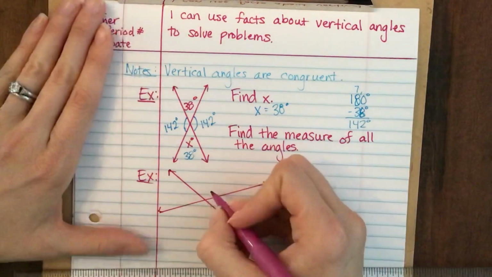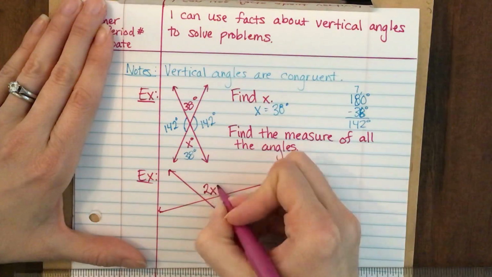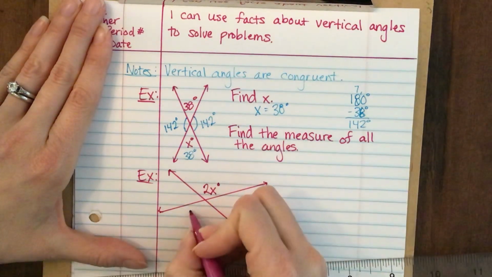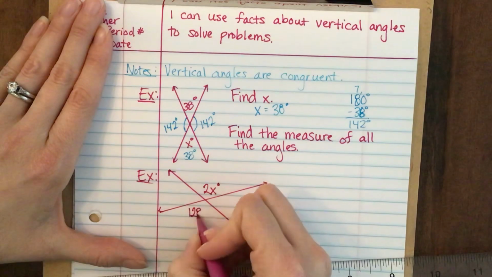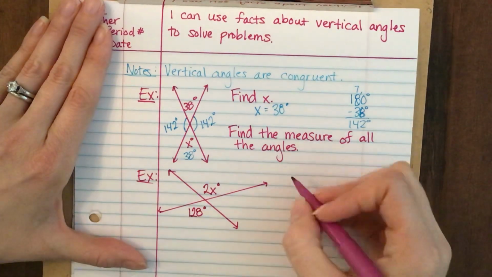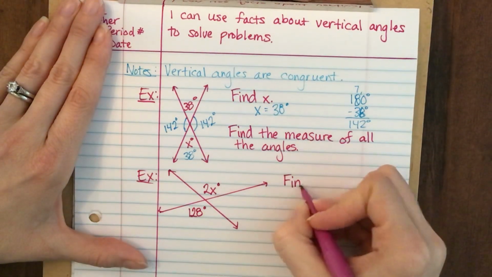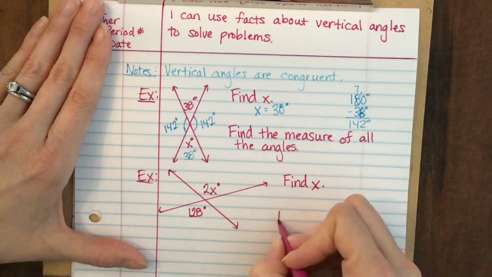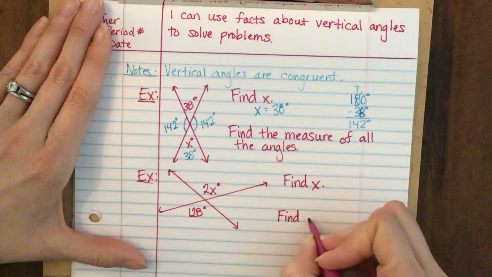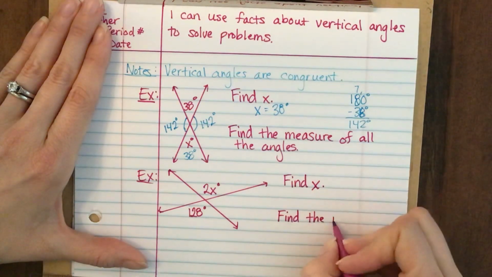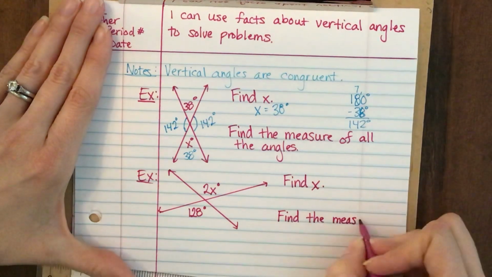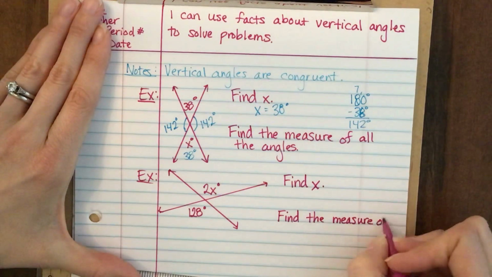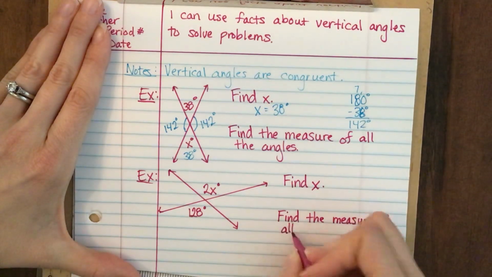Okay, so let's say that this angle right here is 2x degrees, and this angle is 128 degrees. So just like on the last problem, we're going to find x, and we're also going to find the measure of all the angles.